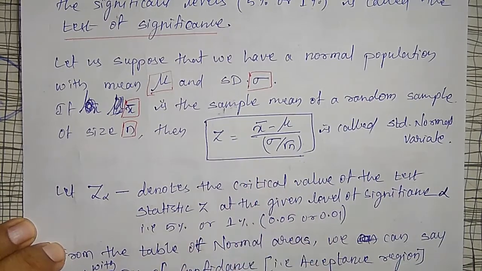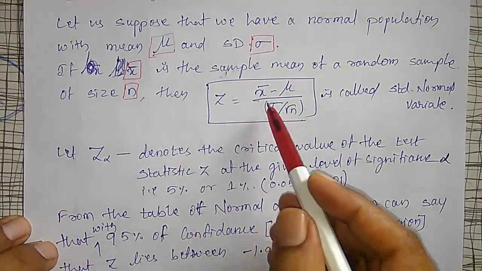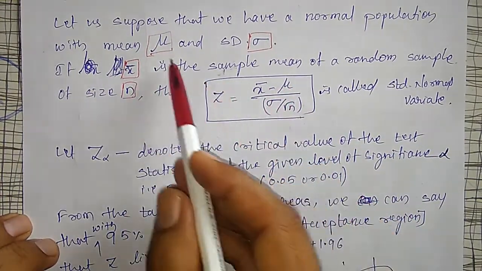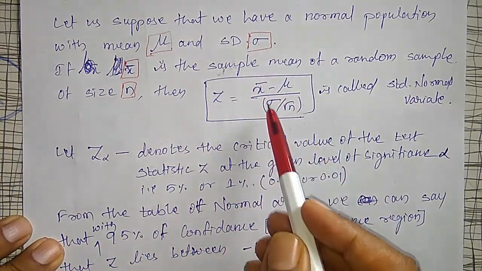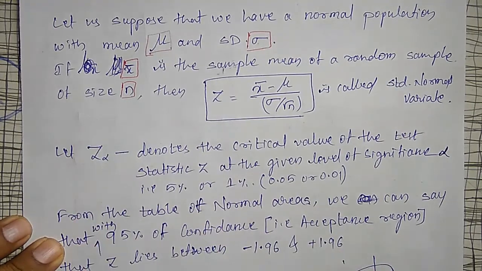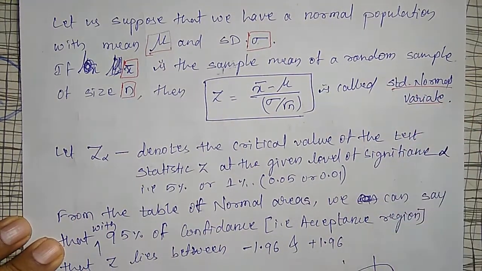Using that, I define the standard normal variate z equal to x bar minus mu, divided by sigma by root n. Here x bar is for the sample, mu is for the population, sigma is the standard deviation for the population, and n is the size of the sample. This is called the standard normal variate.